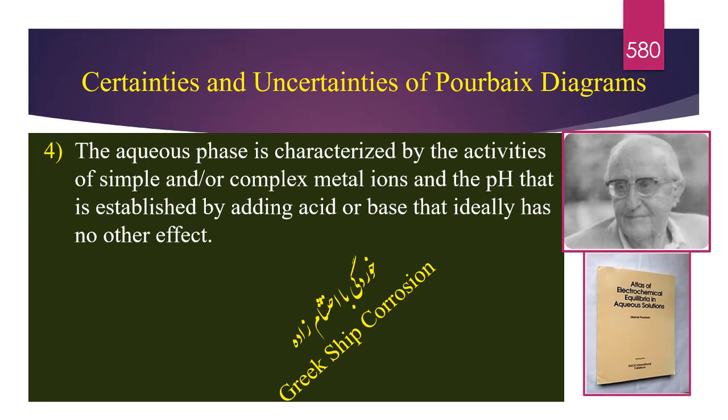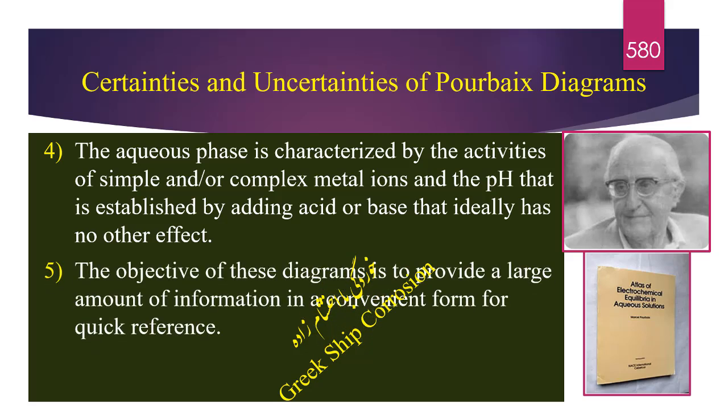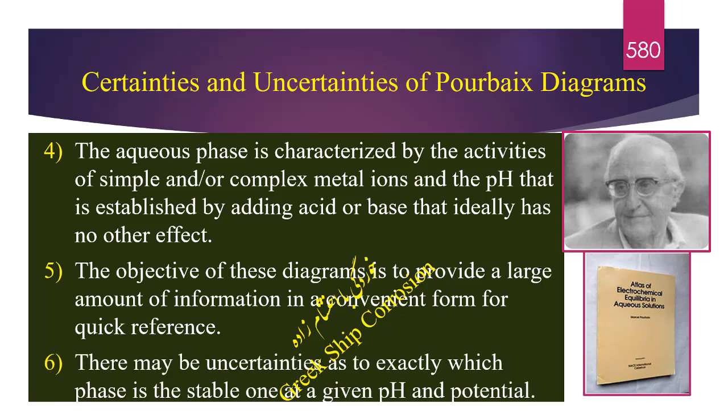4. The aqueous phase is characterized by the activities of simple and/or complex metal ions and the pH that is established by adding acid or base that ideally has no other effect. 5. The objective of these diagrams is to provide a large amount of information in a convenient form for quick reference. 6.